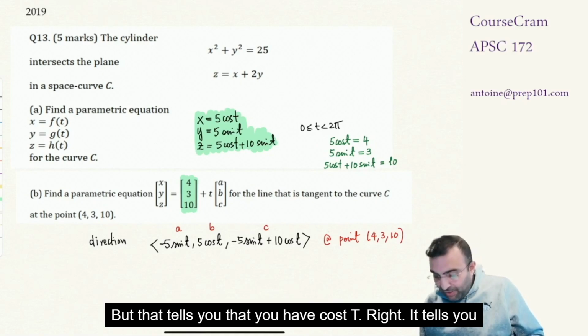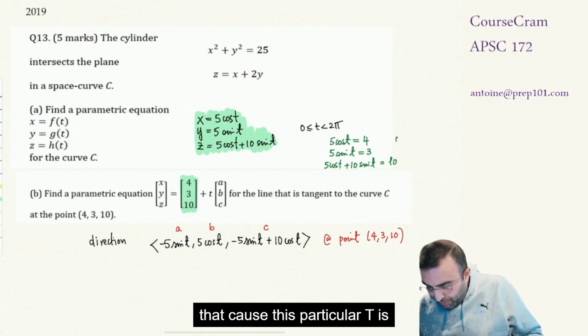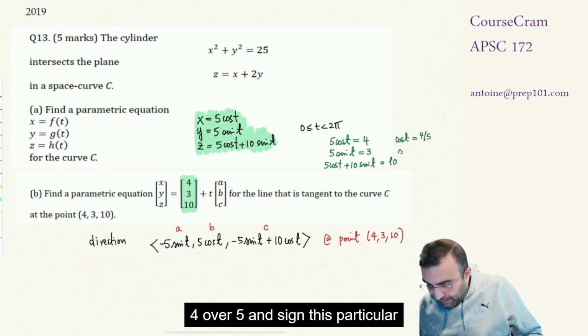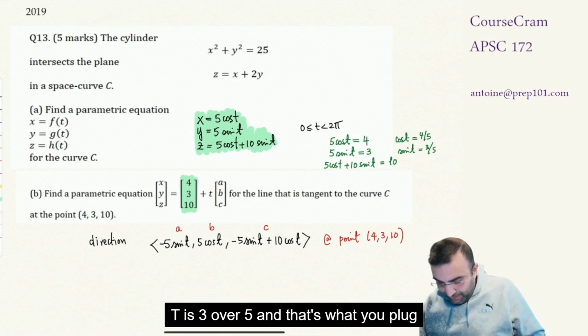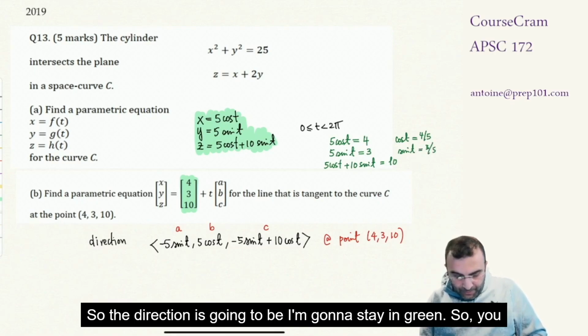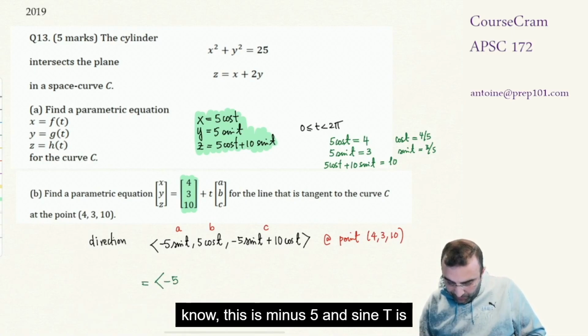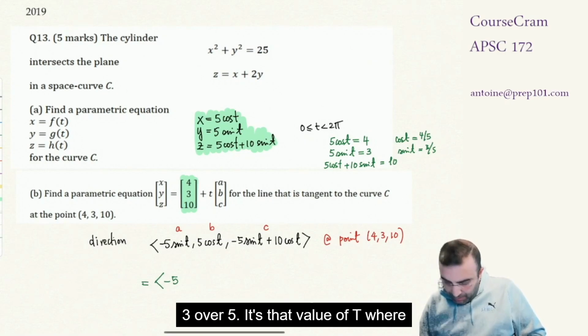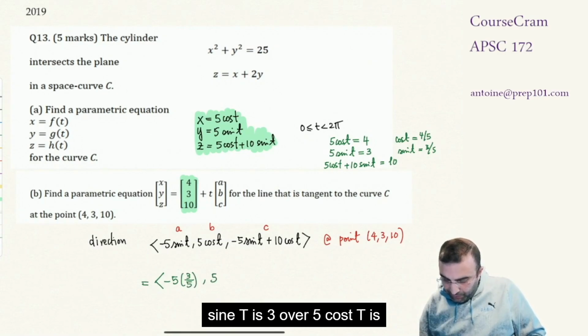But that tells you that you have cos t, right? It tells you that cos of this particular t is 4 over 5, and sine of this particular t is 3 over 5, and that's what you plug in here. So the direction is going to be, I'm going to stay in green so you know, this is minus 5, and sine t is 3 over 5. It's that value of t where sine t is 3 over 5.